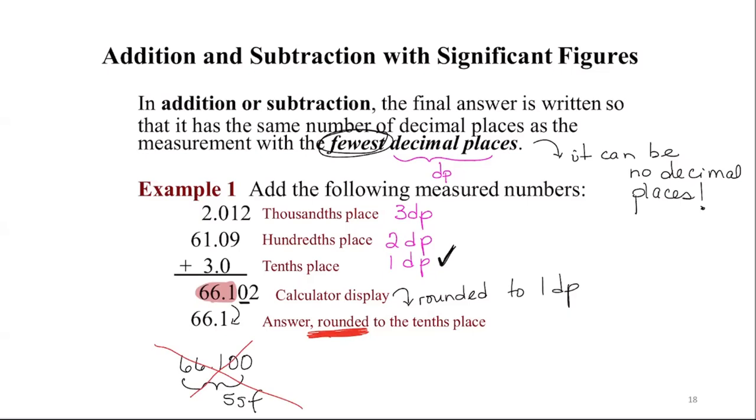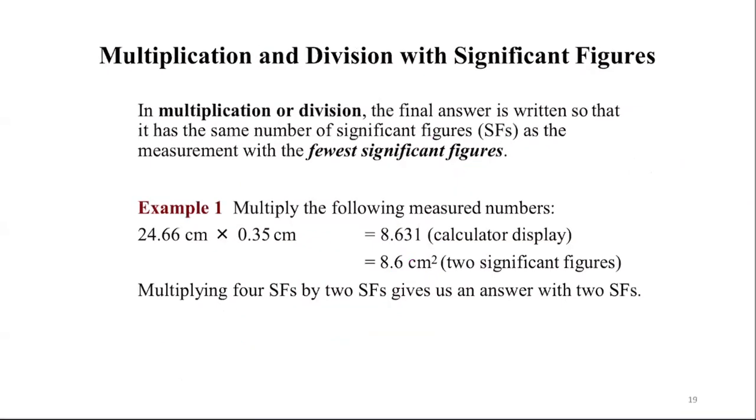Now, we also have rules for when we're doing multiplication and division. Okay, and in multiplication and division, you can see that the rule is the final answer is written such that it has the same number of sig figs as the measurement that has the fewest sig figs. Okay, so here we have an example of a multiplication.